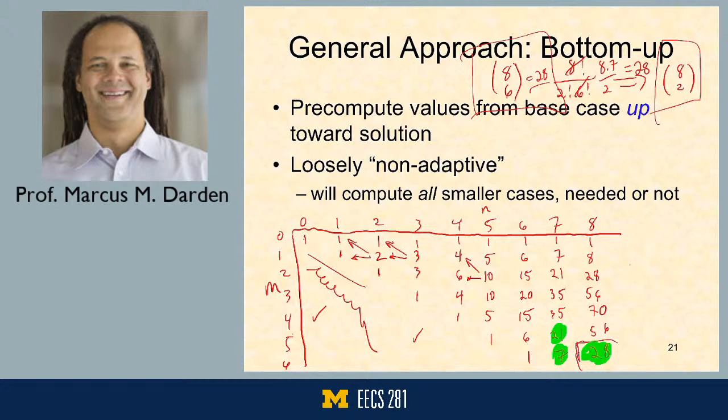And those two things really only need those two answers. A top-down approach would only ever calculate these highlighted green values, because they're all I need to get to the base case. So the top-down approach would never calculate that other set of numbers in my upper triangle. I just wouldn't do it.